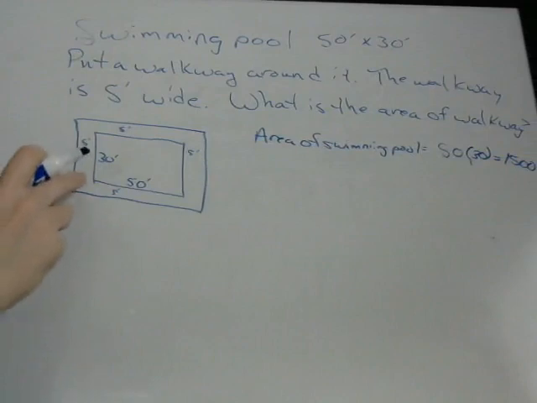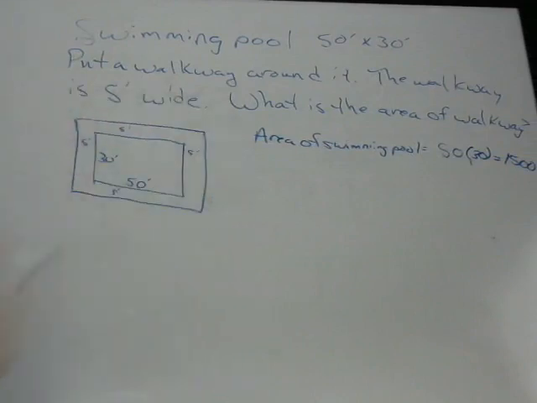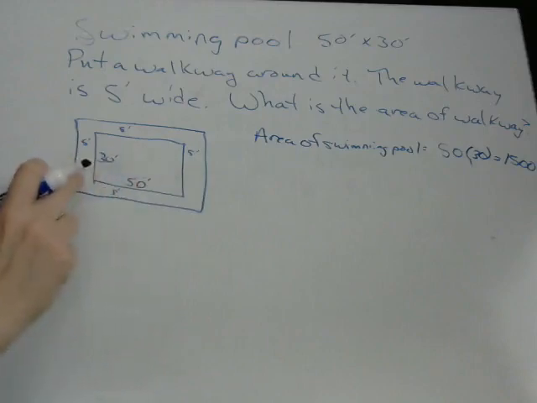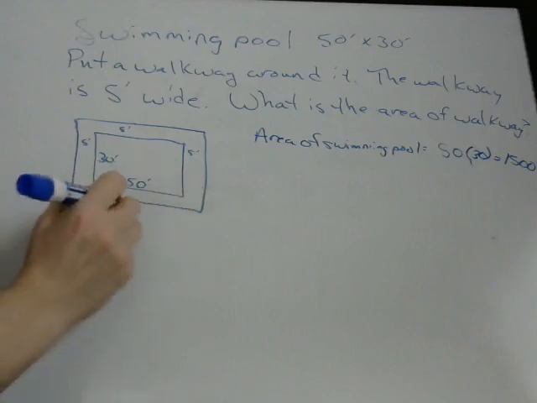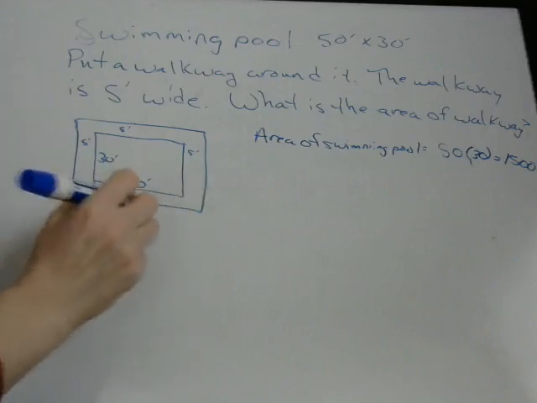What's the area of the whole thing when we include the walkway? Well, if this was 50 feet, and we added 5 feet on this side and 5 feet on this side, then it's 50 plus this 5 would be 55 plus this 5, which would be 60. So this whole length is 60 feet.